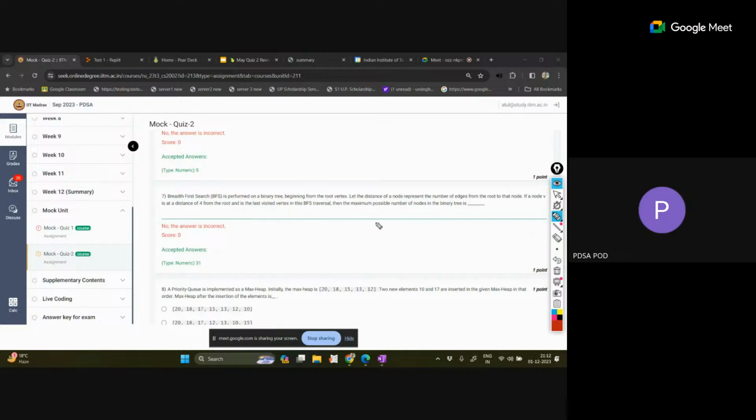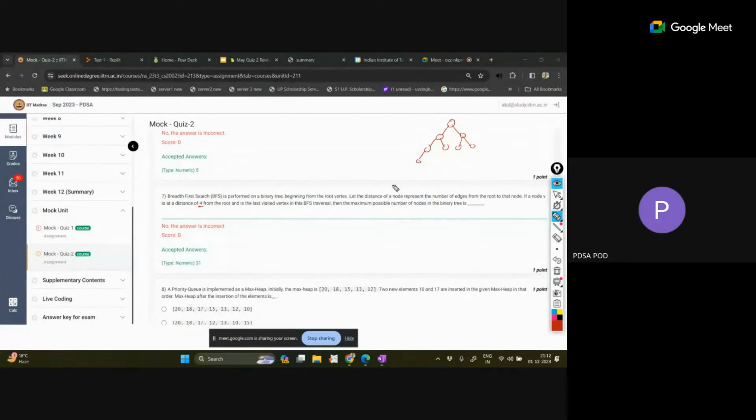Then the maximum possible number of nodes in the binary tree is? Here the distance is given as 4, defined by the number of edges in the path from the root to the last visited node. So what is the structure of the binary tree? Every node will contain 2 children like this.